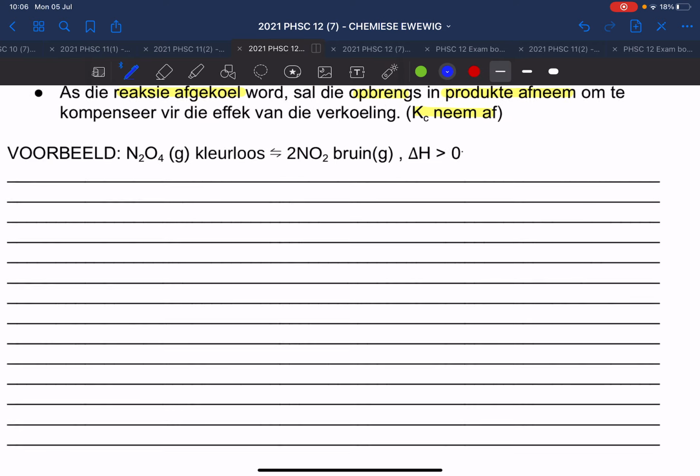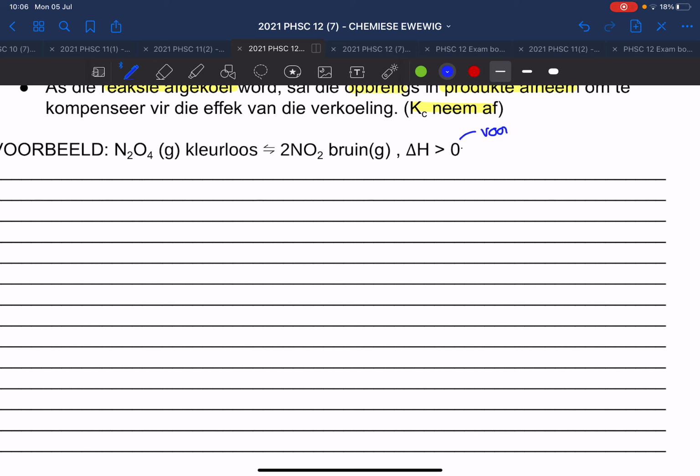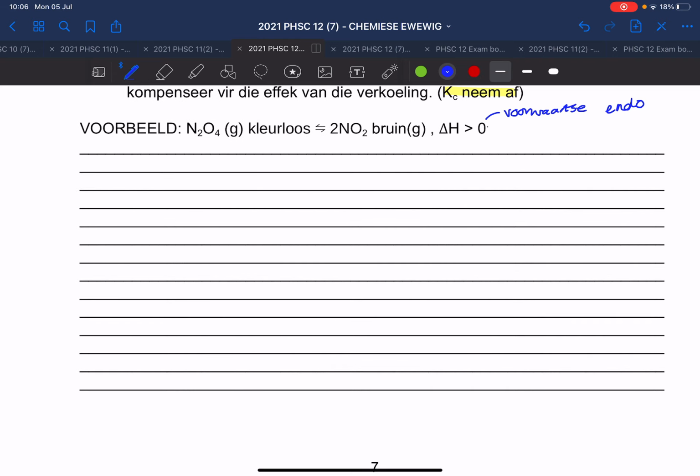So dit beteken die voorwaartse reaksie is endothermic. The forward reaction is endothermic. Okay. Now I see my question disappeared.